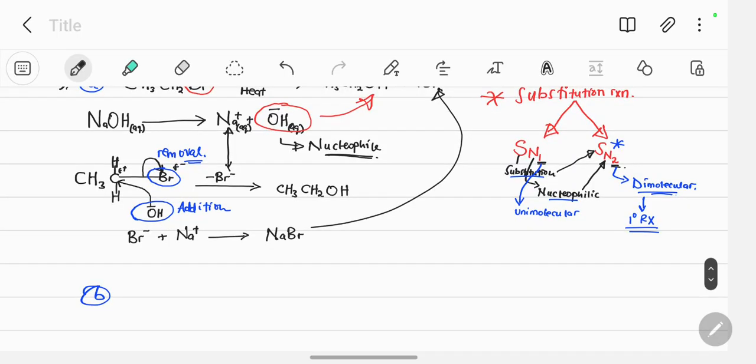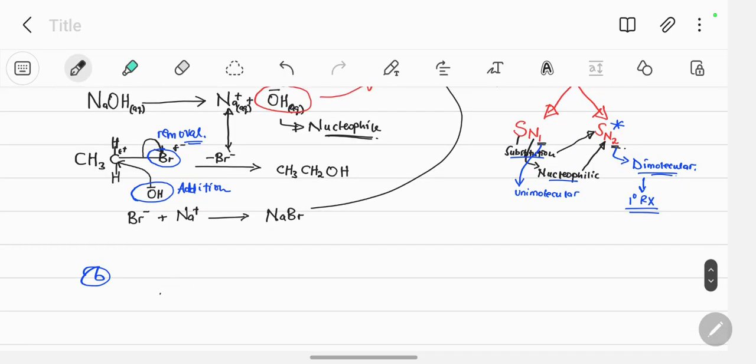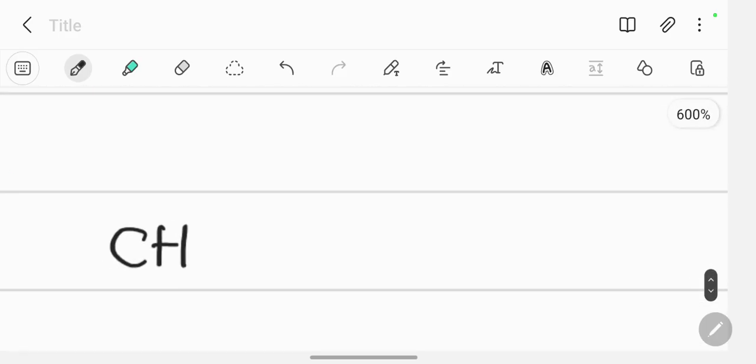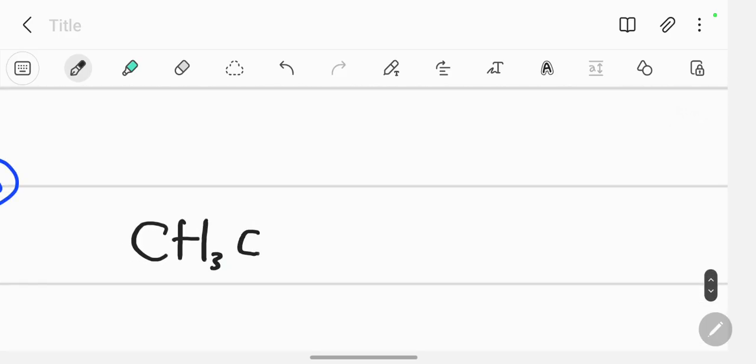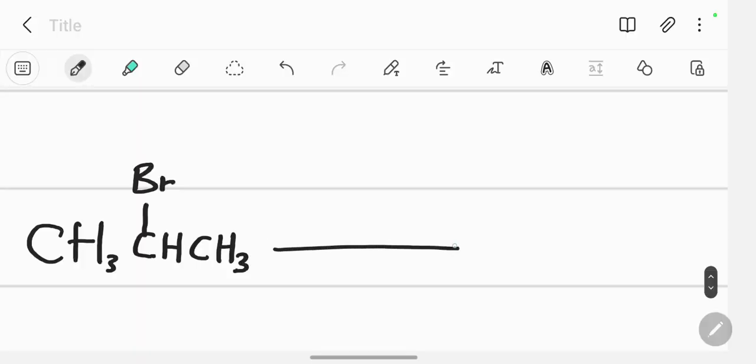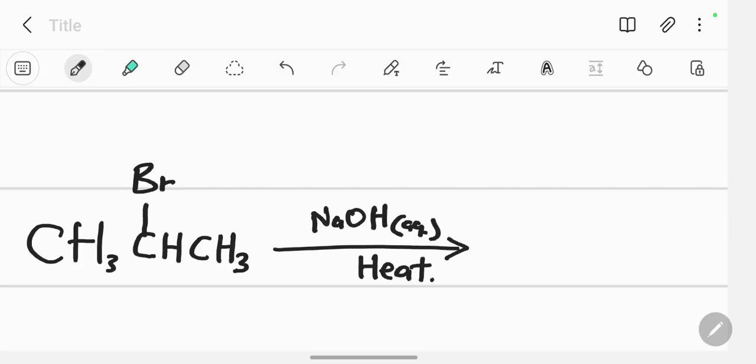The secondary alkyl halide such as CH3, CH, bromine there, then CH3. When I add in sodium hydroxide, and the sodium hydroxide is in aqueous state, and I heat, what happens?